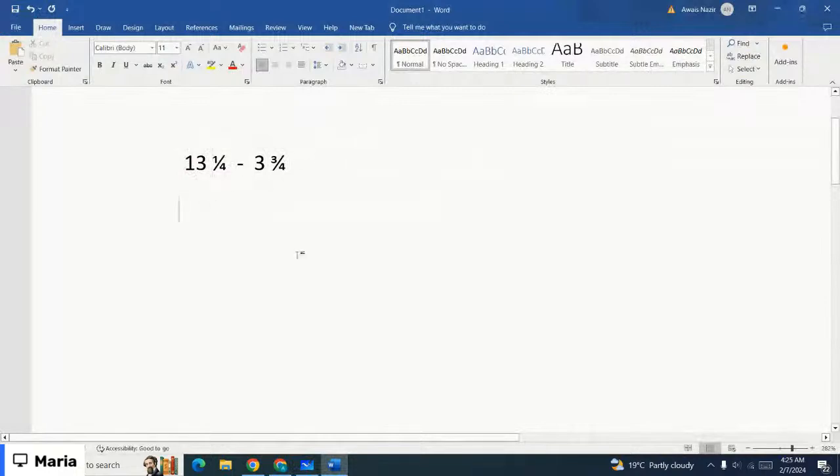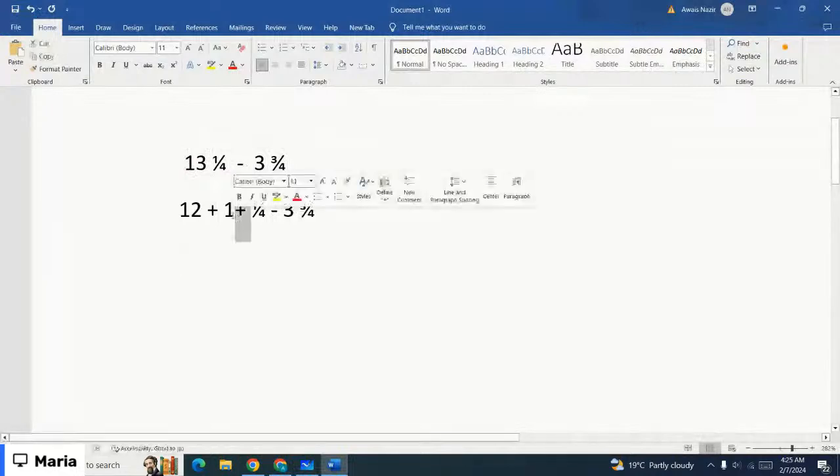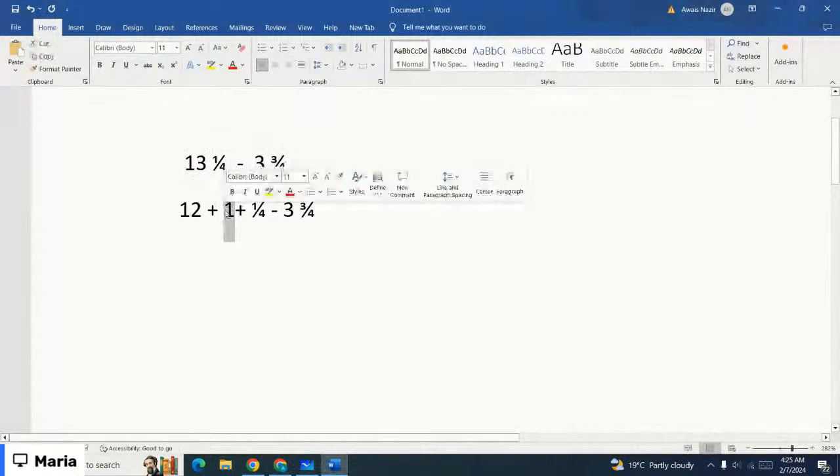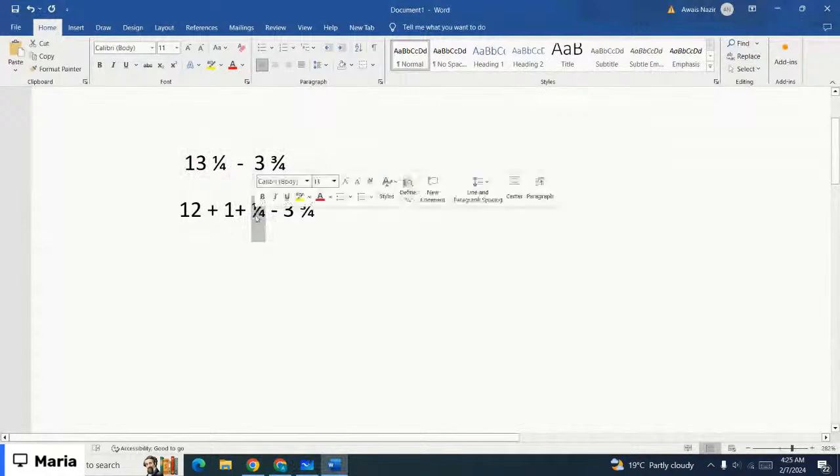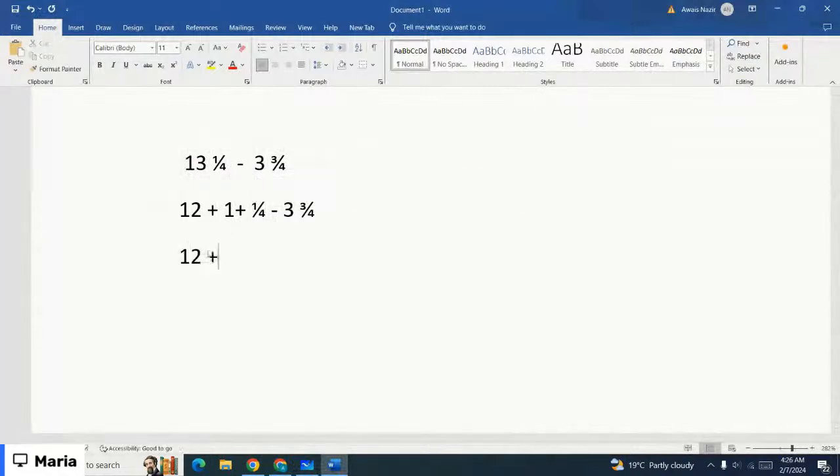So you can write it as 12 plus 1 plus 1 over 4, right? And now you can write this 1 as 4 over 4. Why? I can write 4 by 4 because here you have the denominator 4, right? That's why you can write 1 as 4 over 4, and 4 over 4 is 1, right?